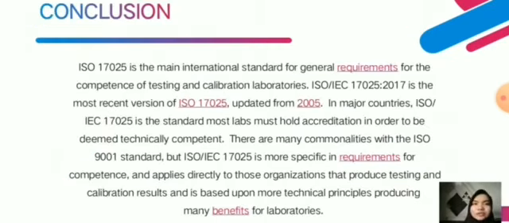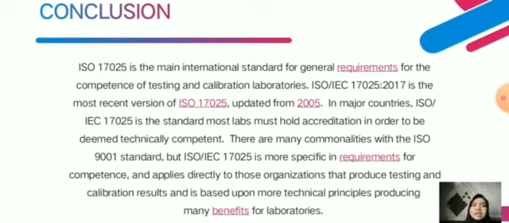ISO 17025 is the main international standard for general requirements for the competence of testing and calibration laboratories. ISO 17025:2017 is the recent version, updated from 2005. In major countries, ISO 17025 is the standard most labs must hold accreditation to in order to be deemed technically competent.